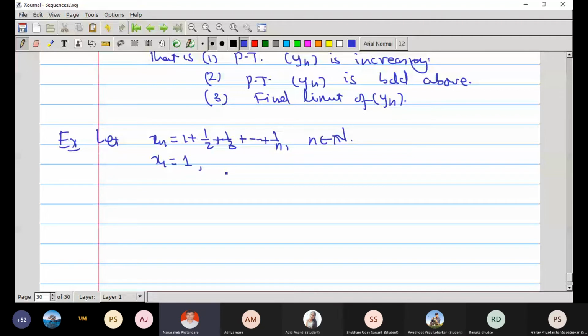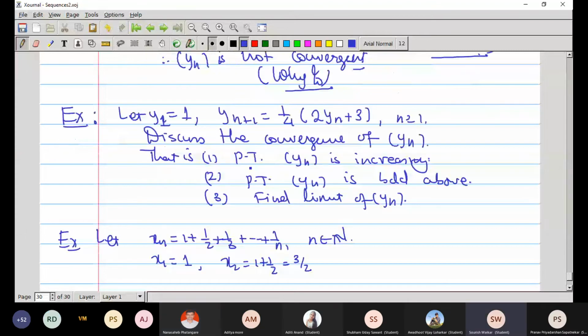Right? What is the second term? Sir, in the above question, do we use induction to prove that it is bounded above? Yes. Exactly. If you want to prove that yn is less than or equal to some number for all n, that means you want to prove something for all natural numbers. That means naturally you should think about induction.